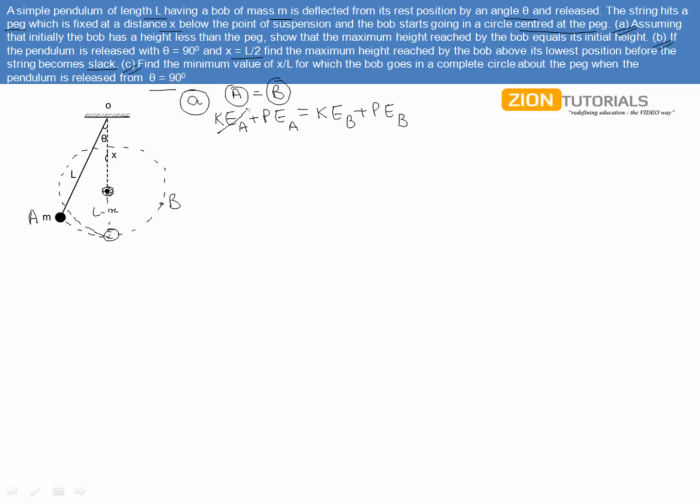That means the kinetic energy will be 0 on both sides.